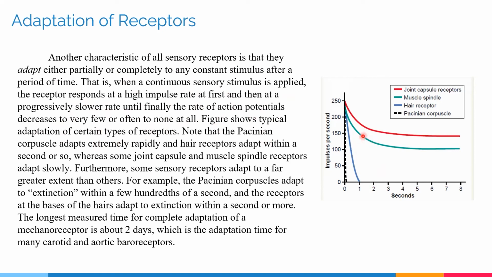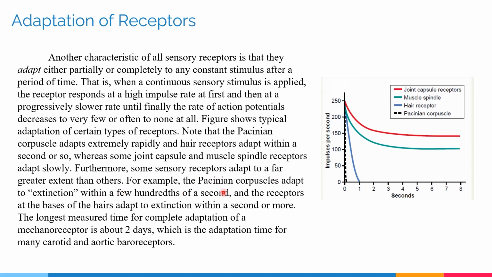This figure right here. Note the Pacinian corpuscle adapts extremely rapidly and hair receptors adapt within a second or so, whereas some joint capsule or muscle spindle receptors adapt slowly. Furthermore, some sensory receptors adapt to a far greater extent than others.